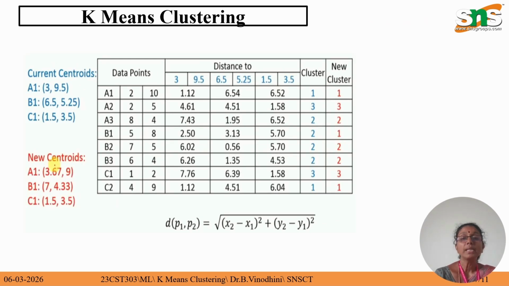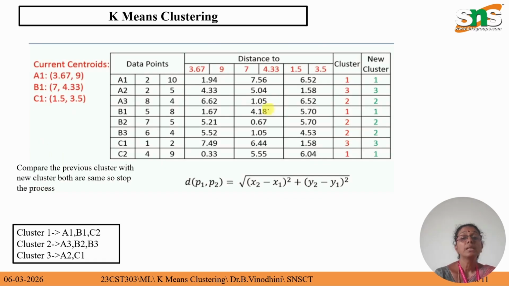Finally, the output is the correct cluster. We form the 3 clusters. Cluster 1 contains A1, B1, C2, cluster 2 contains A3, B2, and B3, and cluster 3 contains the data points A2 and C1.